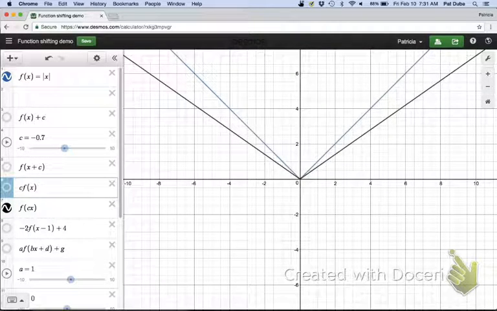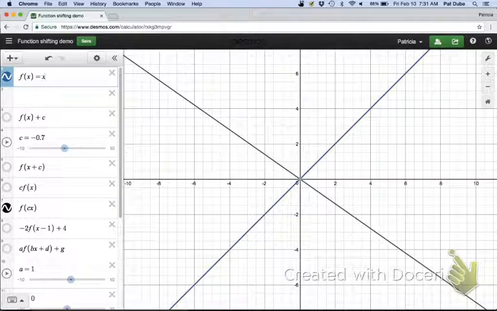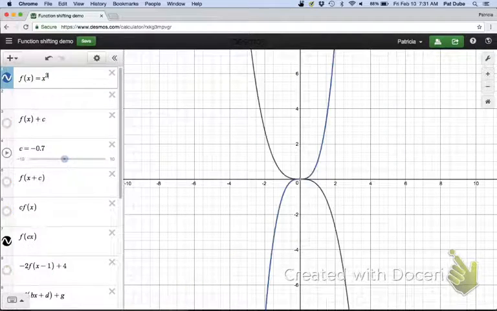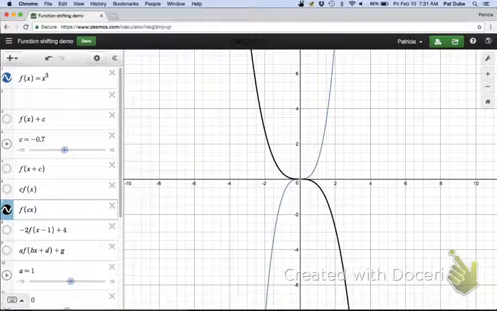If I change this to an x cubed for one moment, it will show you the difference. So y equals x cubed is this blue one. And f of negative 0.7 x cubed is this one.